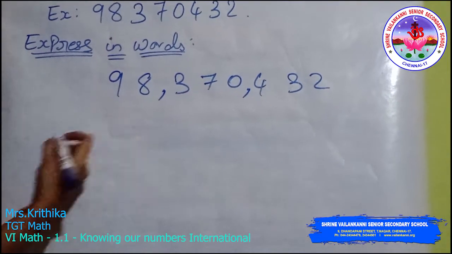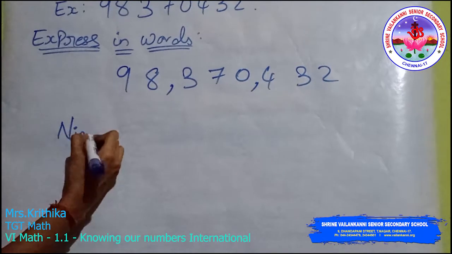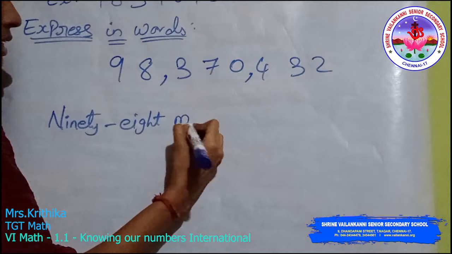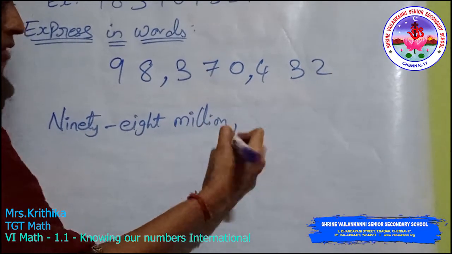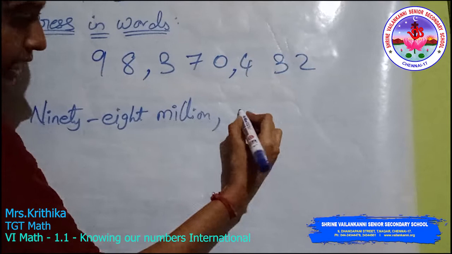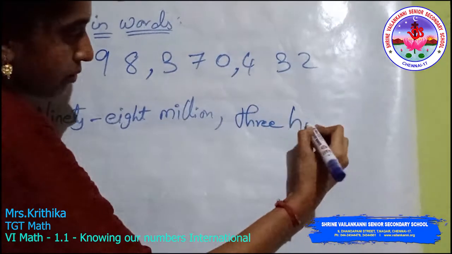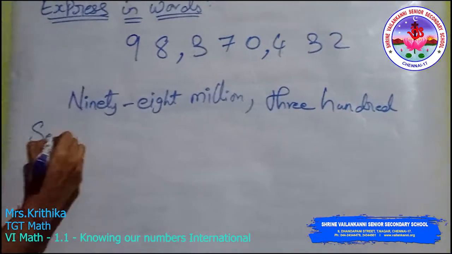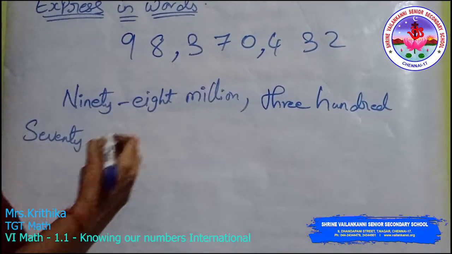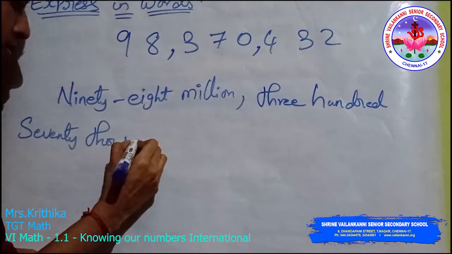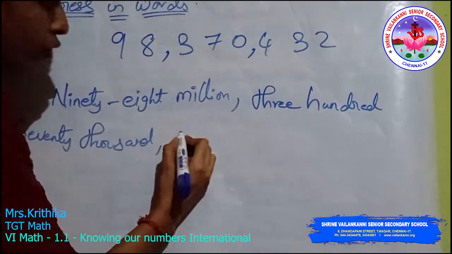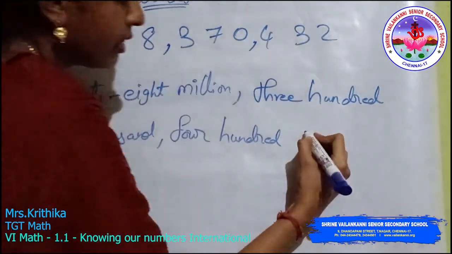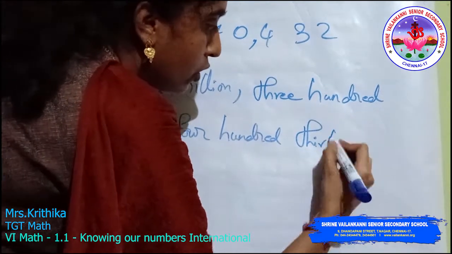Write in words: 98 million, comma, 300, 70,000, comma, 432.